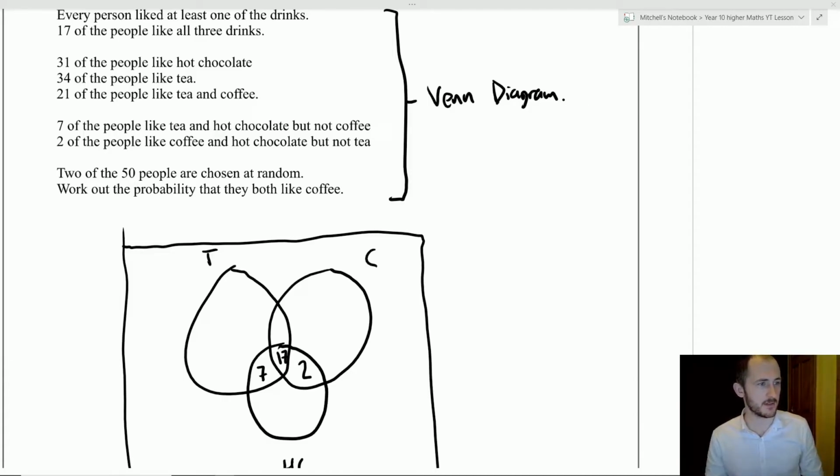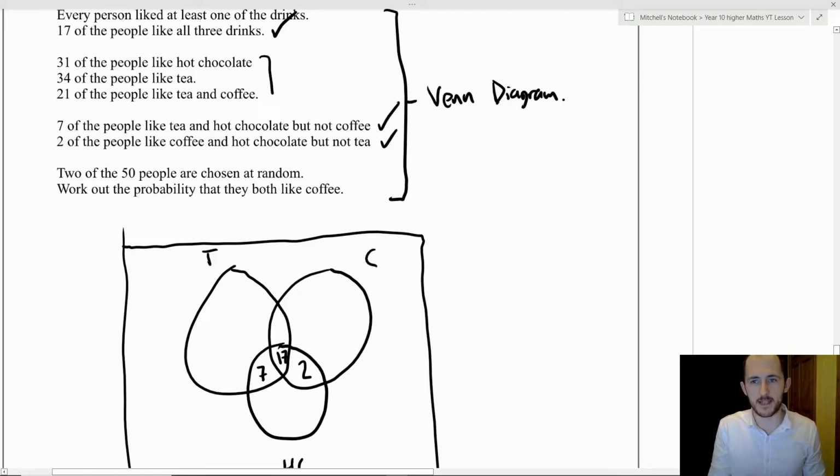So, tea and coffee. It says here, so I also like to tick off the information as I use it, right? So I've used this, I've used this, I've used this. So now all I'm looking at is these three pieces of information. So again, I like to start from the inside and work my way out. So let's look for the one that says "and", which is this piece of information here. 21 people like tea and coffee, right? So what some students do is write 21 here.